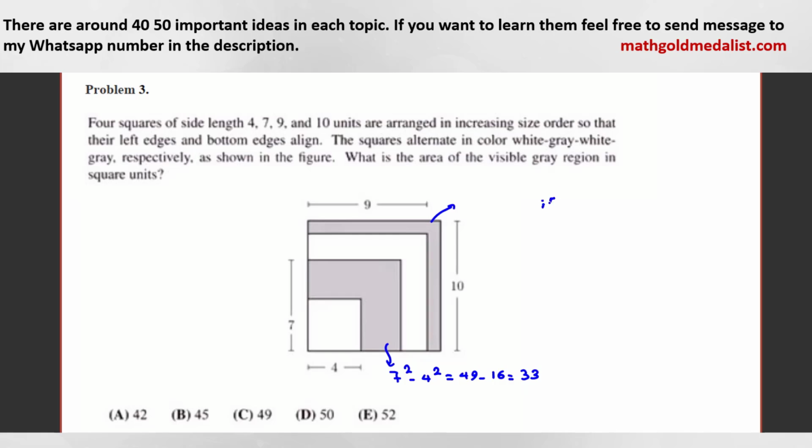So it will be idea 5, complement rule. So it will be 10 squared minus 9 squared, which is 100 minus 81, which is 19. And if we calculate, the answer is 33, this shaded region, plus 19, this shaded region. It will be 52. So the answer is choice E.